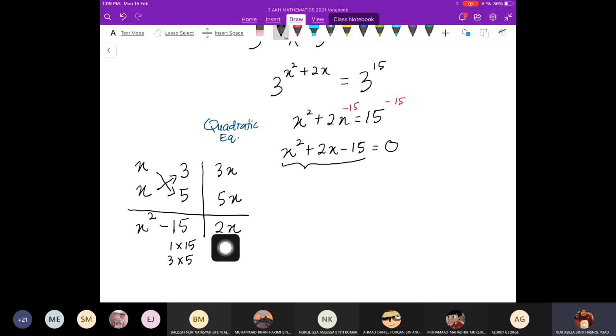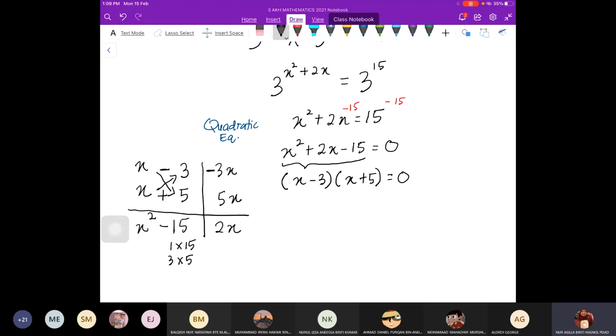Jadi untuk dapat 2x, mesti 5x tolak 3x. So this is negative. So jadi sebelah sini pun negatif. Bawah akan jadi positif. So dia akan jadi x minus 3, x plus 5 equals to 0.